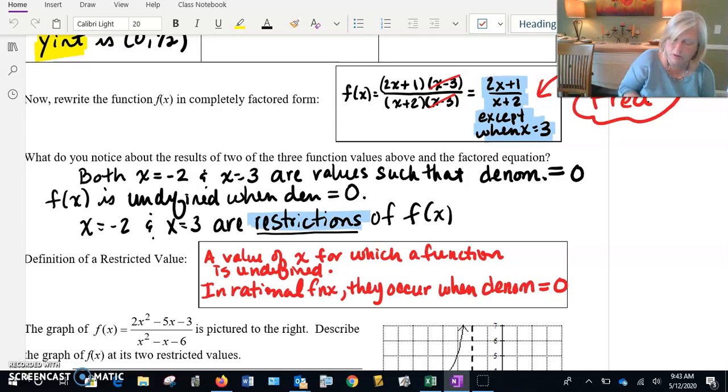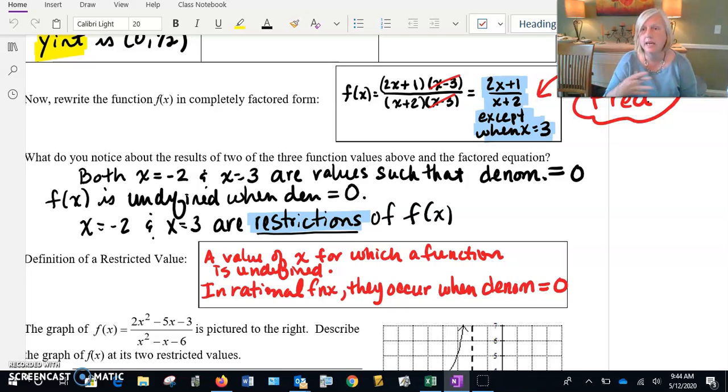So that's important in terms of terminology that we've used in the past. And I went ahead and defined a restriction as a value of x for which a function is undefined. Now, it happens in many scenarios, like square root of a negative is undefined, division by 0 is undefined, log of a negative is undefined, log of 0 is undefined.